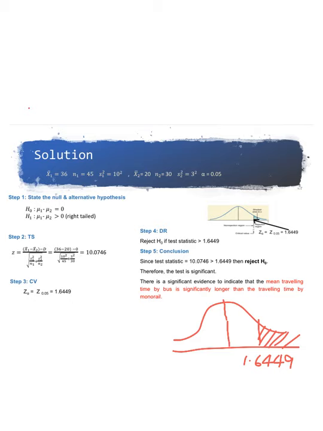So kita dapat test statistik kita 10.0746, which is greater than 1.6449, and that value falls in the rejection region. So our decision and conclusion is we reject H0 since 10.0746 is greater than 1.6449. So there is significant evidence to indicate that the mean travelling time by bus is significantly longer than the travelling time by monorail.